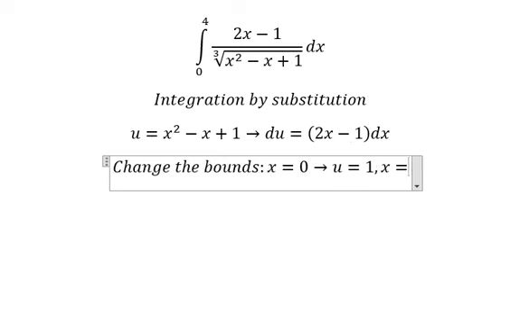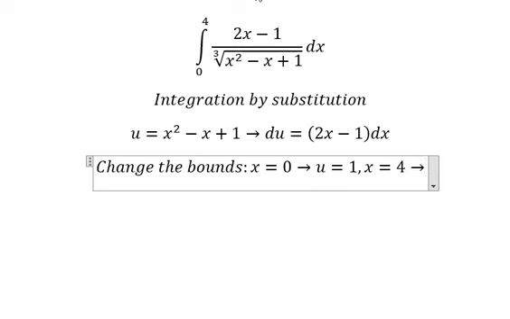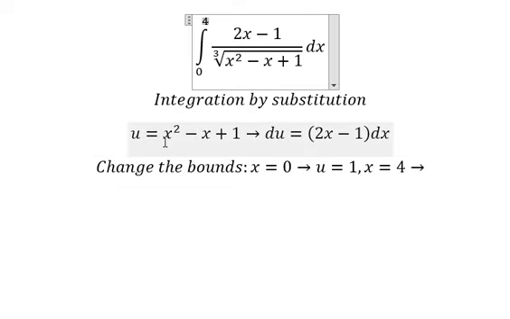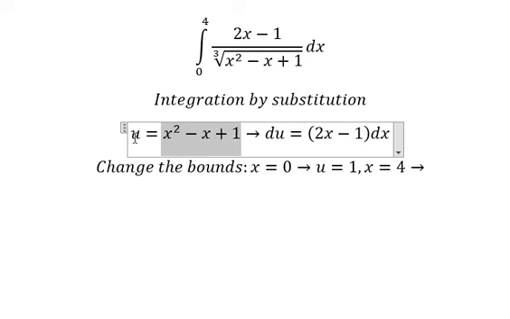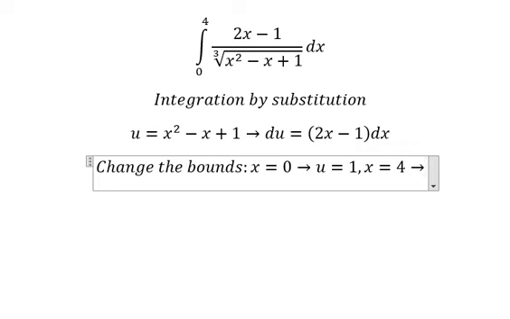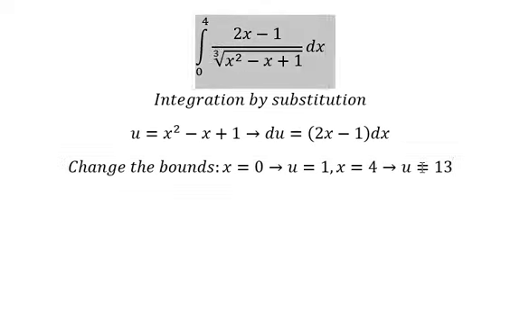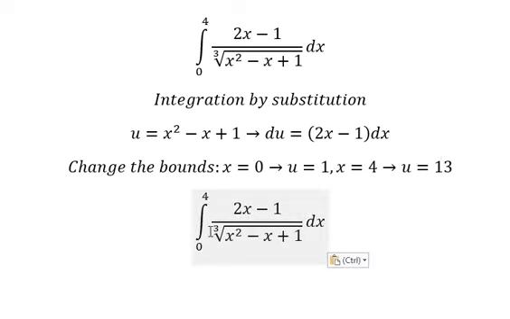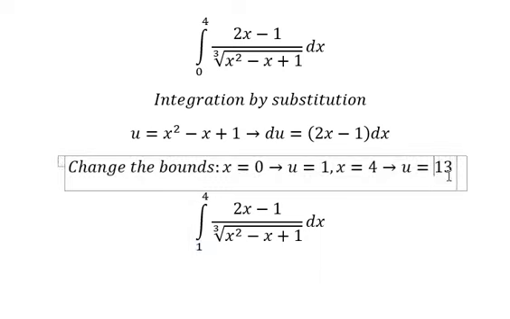When x equals 4, so I will put 4 in here, we can find the value of u, so u equals 13. So 0 we change to 1, and 4 we change to 13.